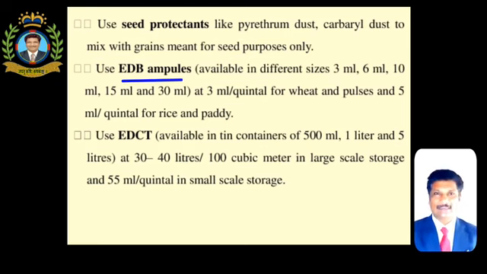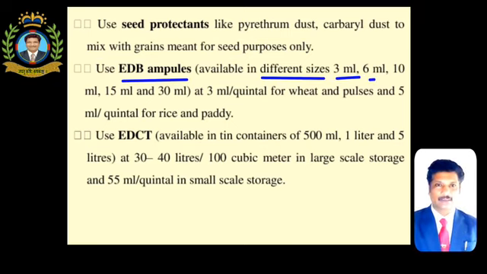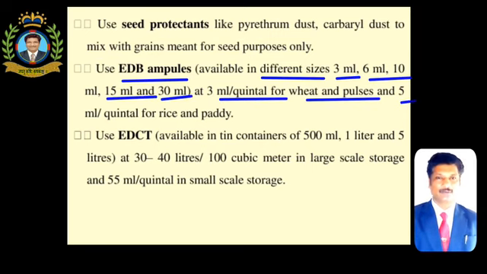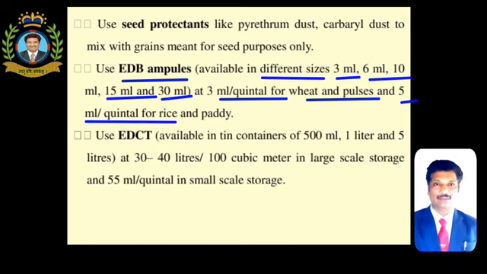EDB ampules are mostly available in the market in different sizes such as 3 ml, 6 ml, 10 ml, 15 ml and 30 ml. They can be used at a rate of 3 ml per quintal of wheat and pulses, while for paddy or rice it is used at a rate of 5 ml per quintal.